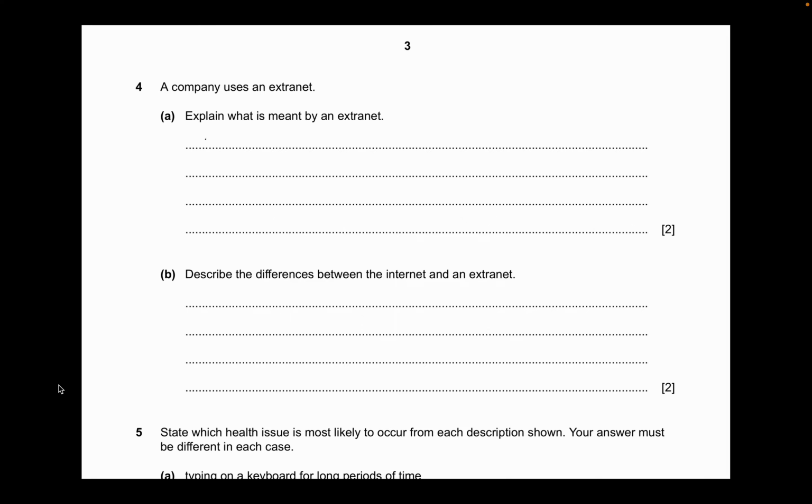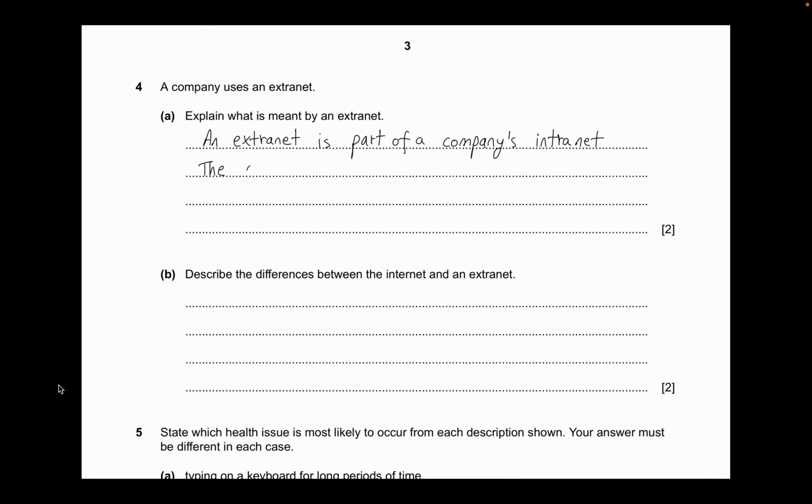So you can mention that an extranet is part of a company's intranet.